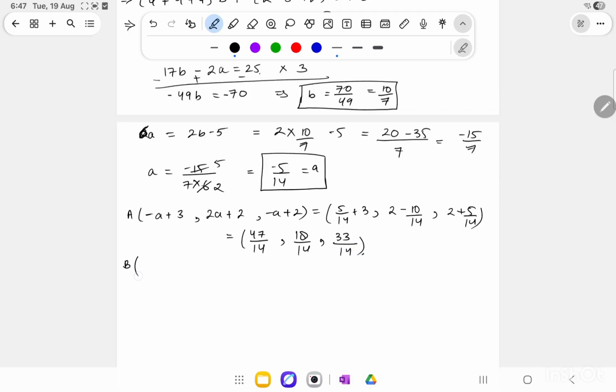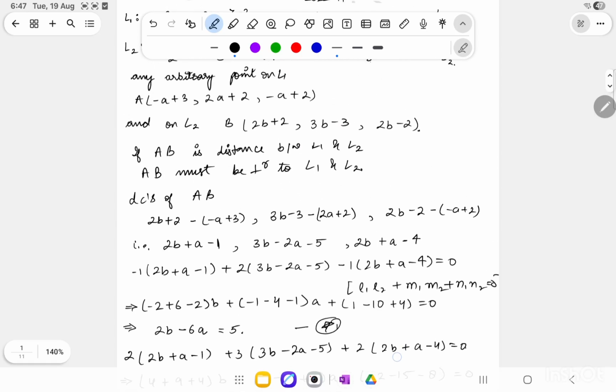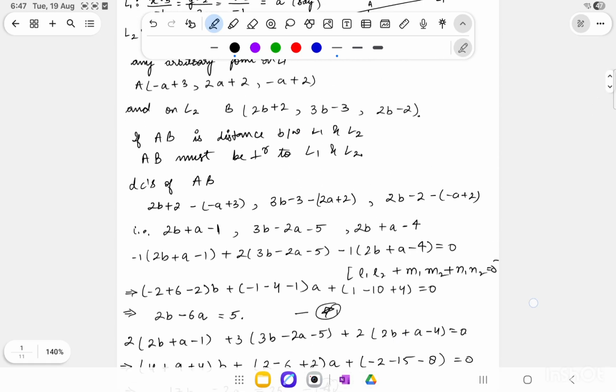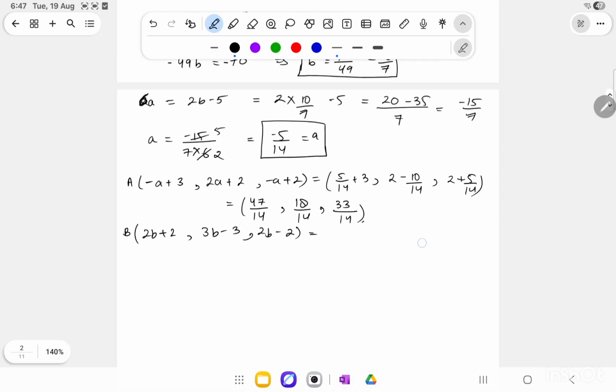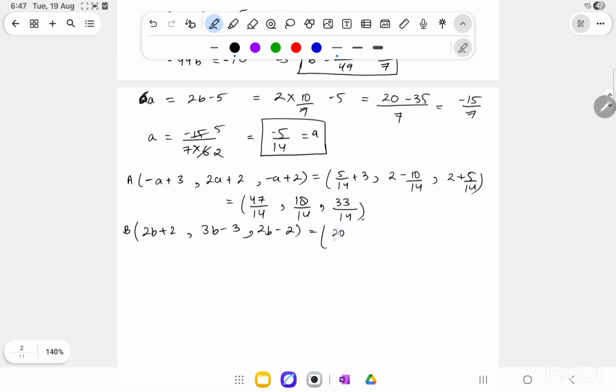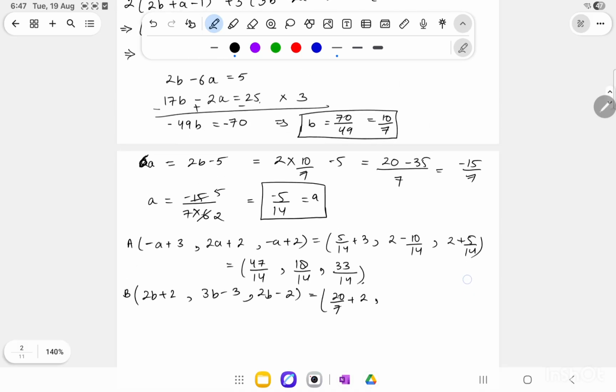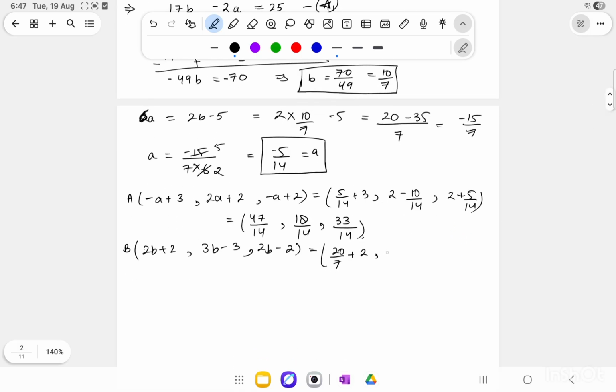Likewise I can calculate the coordinates of B. So my point B was 2b plus 2, 3b minus 3, and 2b minus 2. So if I substitute the value of b as 10 by 7, I'll get 20 by 7 plus 2 comma 30 by 7 minus 3 and 20 by 7 minus 2.